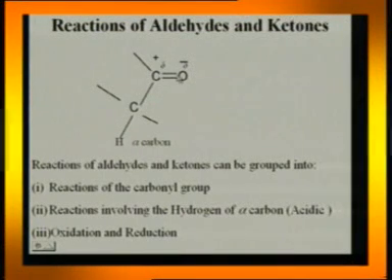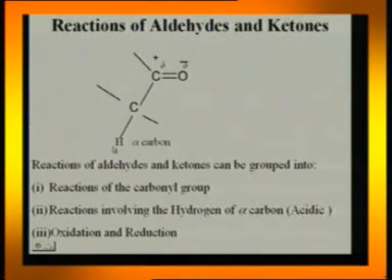There is another aspect of carbonyl chemistry from the mechanism point of view, and that is again due to the polar nature of this carbonyl group. Because of its partial positive character, the alpha hydrogen, that is the hydrogen attached to the carbon alpha to the carbonyl group, becomes acidic.